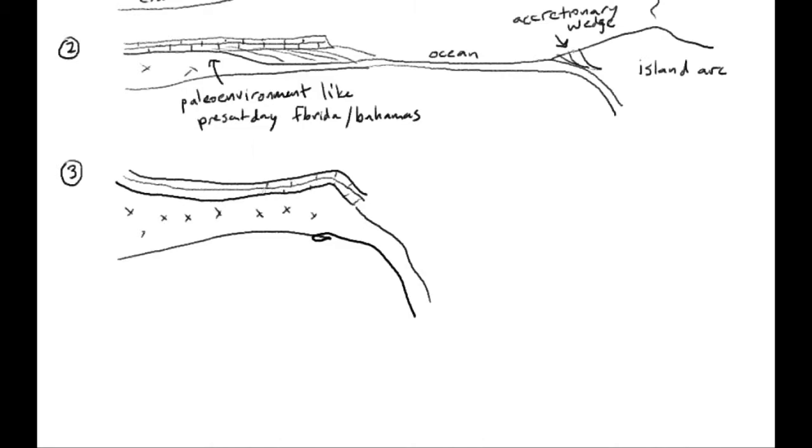getting folded as a result of this. So let's draw that a little bit up. This island arc here. And this would be a thrust fault, and there'd be other thrust faults occurring.